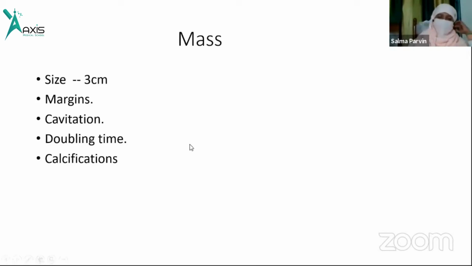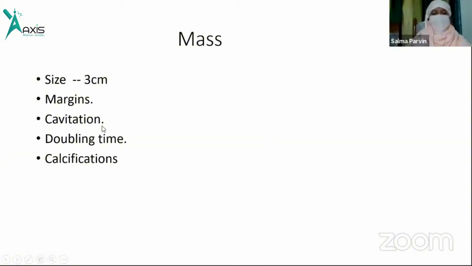The context we need to study for the mass: the size is above 3 centimeters, and below 3 centimeters we are not really calling it a mass, it is a nodule. And the margins are spiculated, and spiculation practically refers to a malignant lesion.